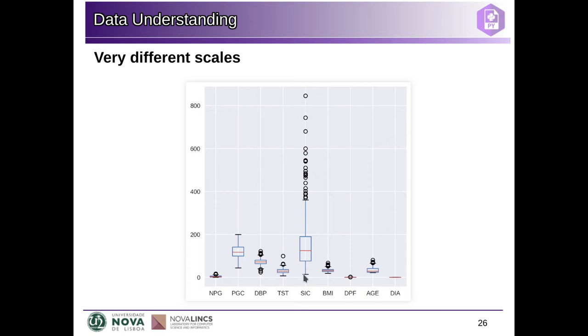But this does not make sense to compare the number of times pregnant and the insulin concentration in the same vertical scale, because these units don't have anything to do one with the other. So the same thing for the glucose in the plasma and the age of the person and so on. All of these are in different scales.